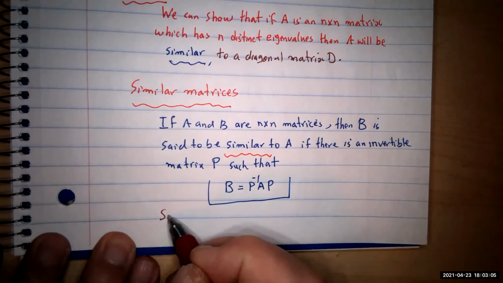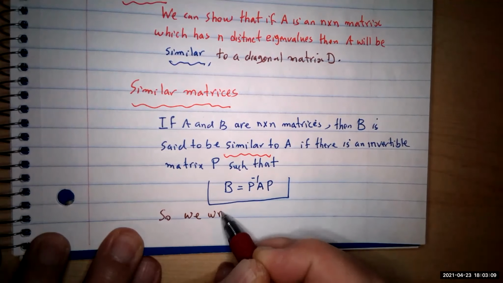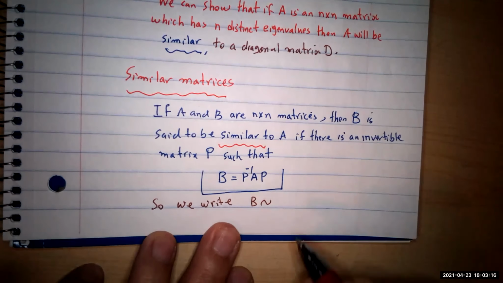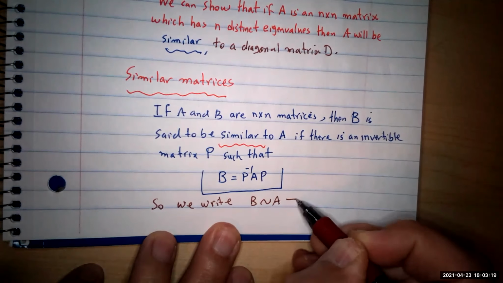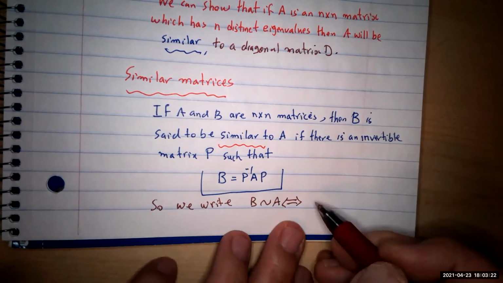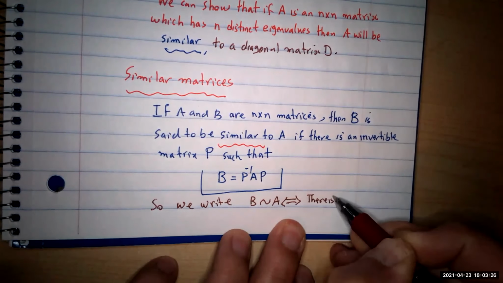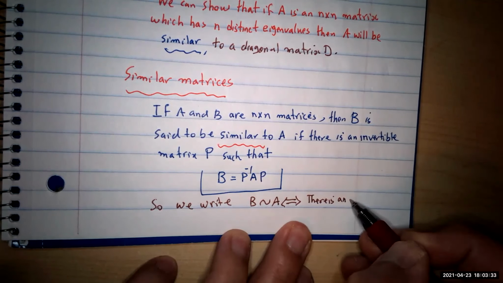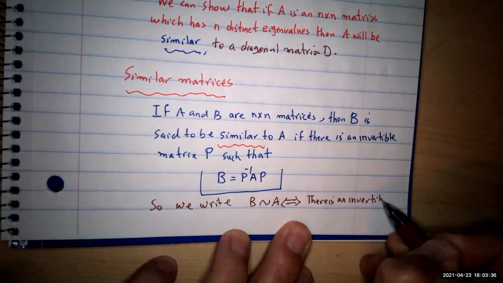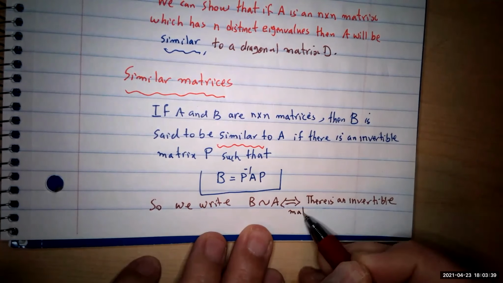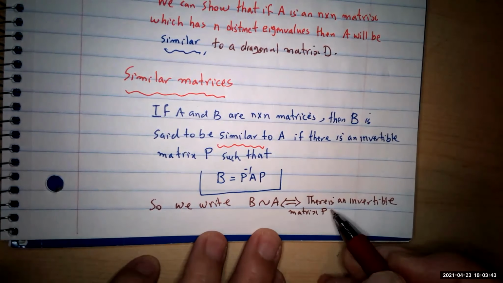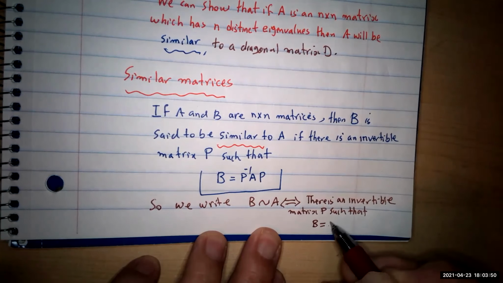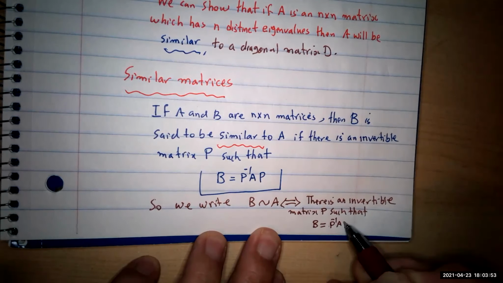So we write, if you like, B is similar to A if and only if there is an invertible matrix P such that B is equal to P inverse AP.